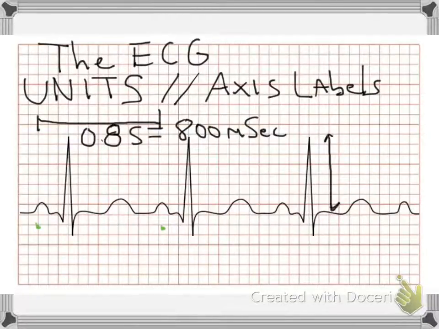The next thing we need to look at is the vertical axis, and what I've got labeled here is 1 millivolt. So you can see that the height of an electrocardiogram is 1 or 2 millivolts. I want you to think about a cardiac myocyte and a cardiac action potential, and what you've learned is that in a cardiac action potential, the resting membrane of that cardiac myocyte goes from roughly minus 90 millivolts all the way up to plus 30 millivolts.